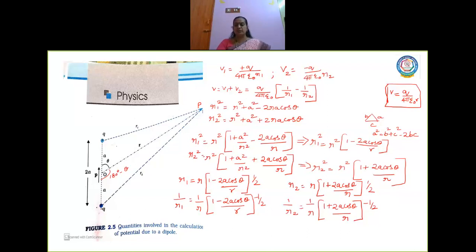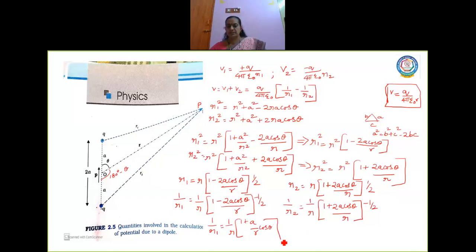So the first term for that will be 1 plus nx. So when I simplify this equation, I will have the value of 1 by r1 equal to 1 by r into 1 plus a by r cos theta.